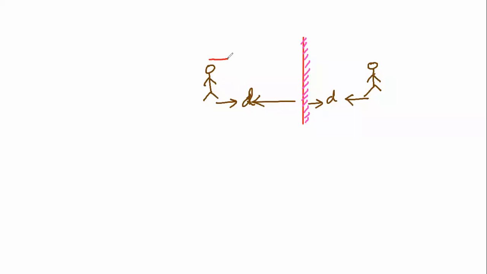If the object is moving with velocity v, then its image also approaches the mirror with the same velocity v.